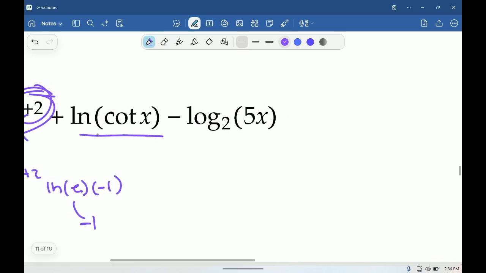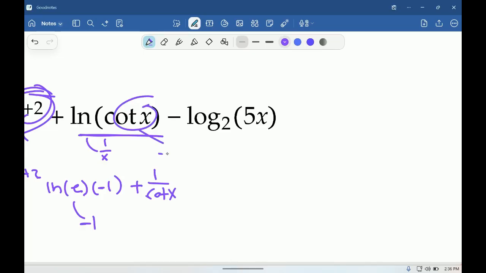And now we're going to move on to our next term, the ln. Ln's derivative is going to be 1 over x, which in this case is going to be 1 over cotangent x. And we got to find the derivative for cotangent x, which we know is negative cosecant squared x. It's going to look like this.